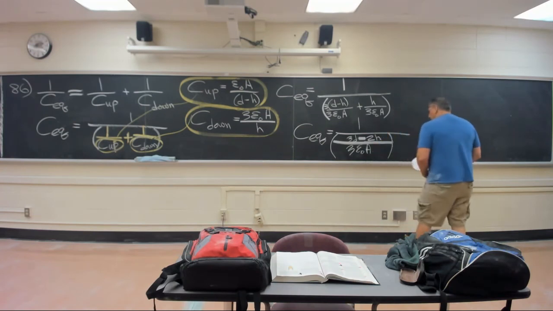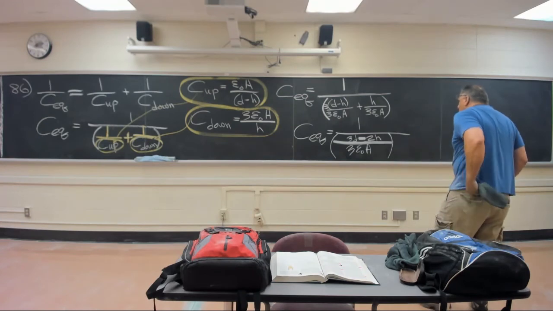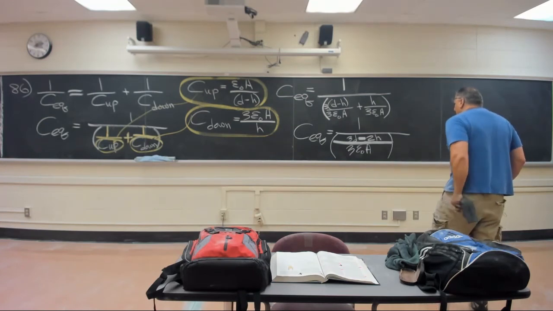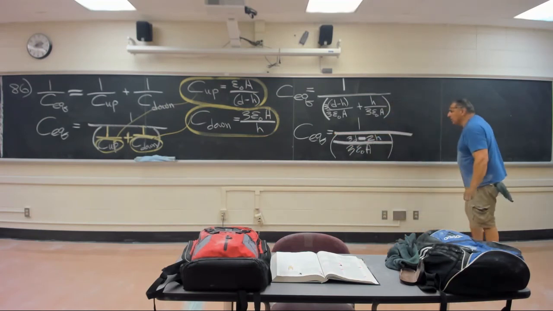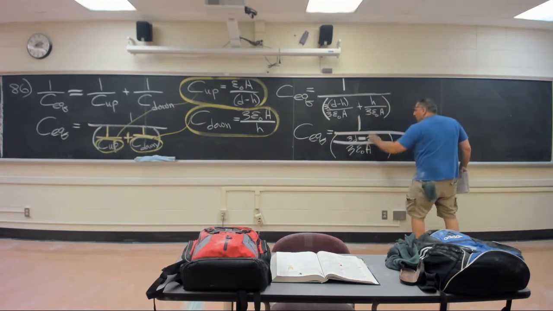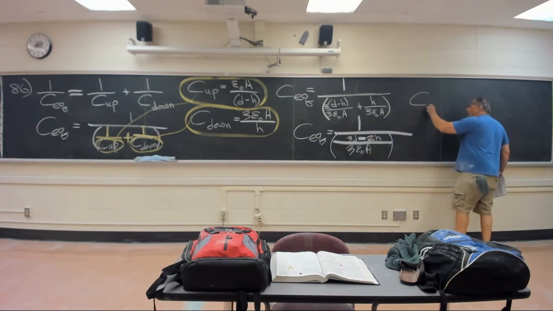All right, doesn't look great, but we know how to do it. 1 over all of that is the reciprocal of all of that. One over this ratio is the reciprocal of that ratio.